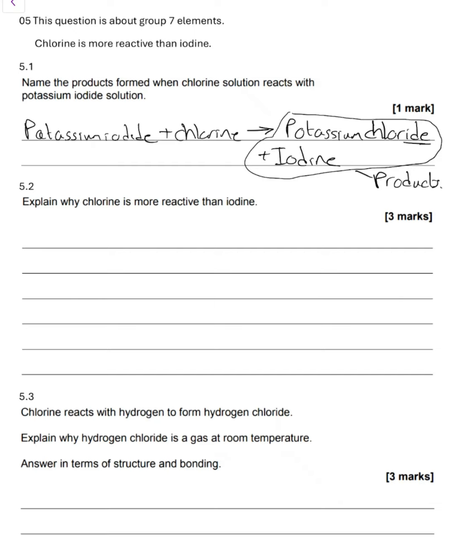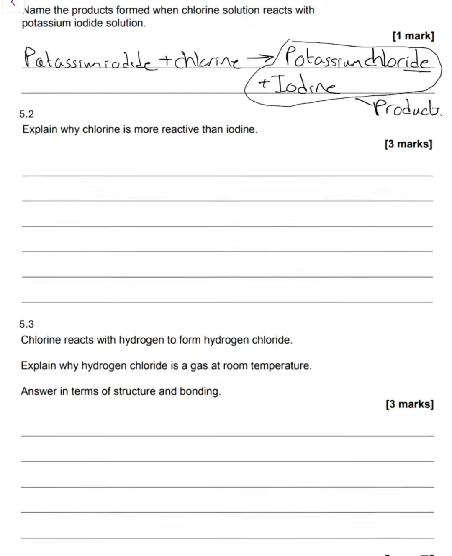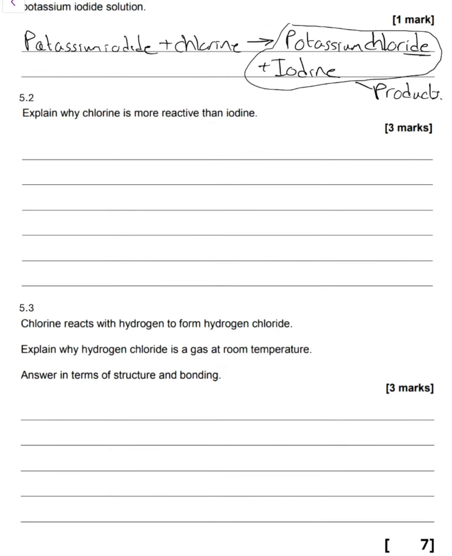Explain why chlorine is more reactive than iodine. This is one of those questions that you just have to go away and memorize. It's a real straightforward kind of memorize 3 steps.